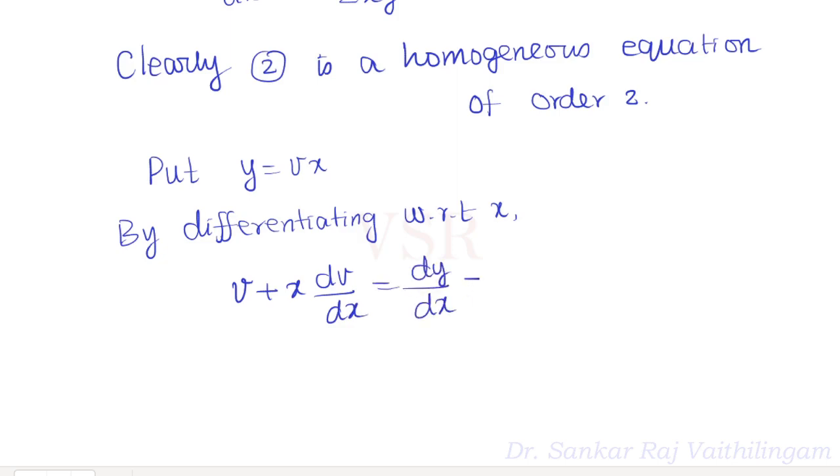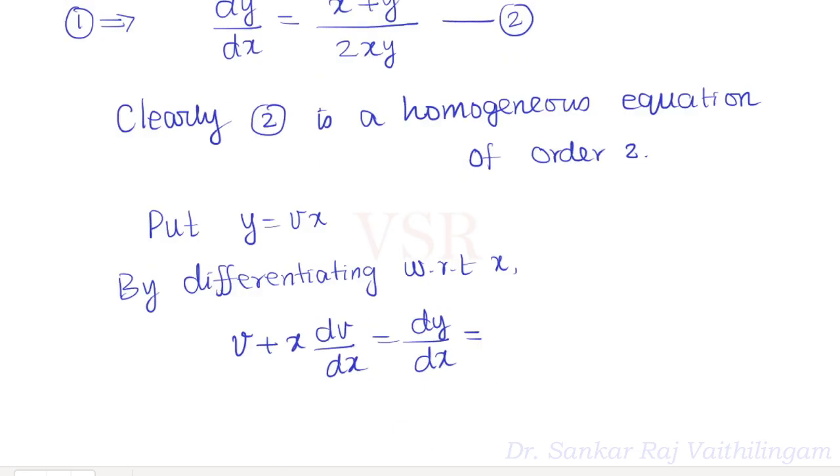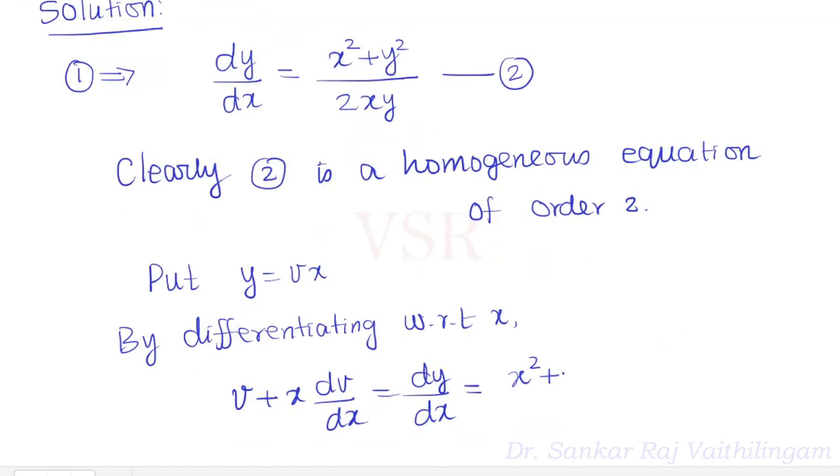That is x square plus y square divided by 2xy. Putting y equal to vx, we get x square plus v square x square divided by 2x into vx. Taking x square common, the x square cancels and we have 1 plus v square divided by 2v.